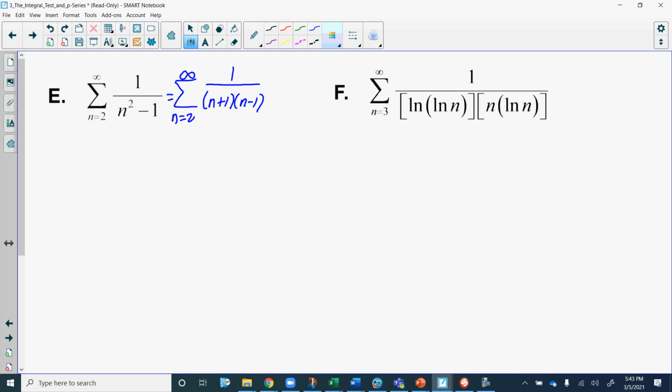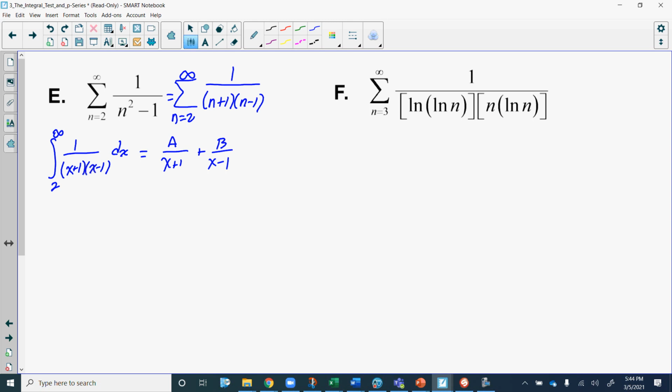So if I look at this as a function again, from 2 to infinity, of 1 over x plus 1 times x minus 1 dx, then we're going to look at that using our partial fraction process, where I'm going to say this is a over x plus 1 plus b over x minus 1.